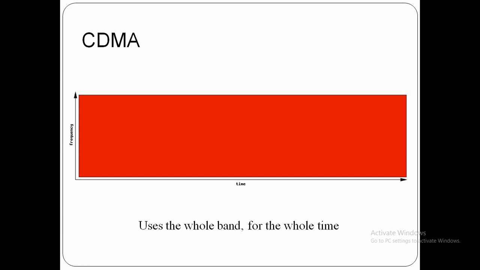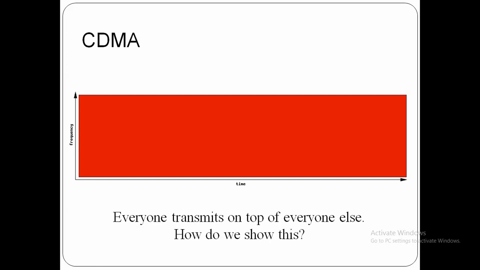The information signal is spread using the spread spectrum technique. The signal is multiplied by an orthogonal or non-orthogonal spreading. Everyone transmits on top of everyone, that is, the whole band is given in CDMA, mostly in wireless network access.